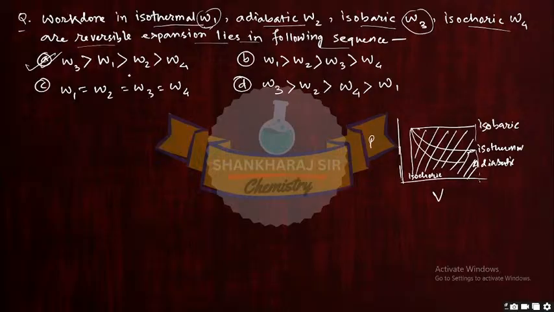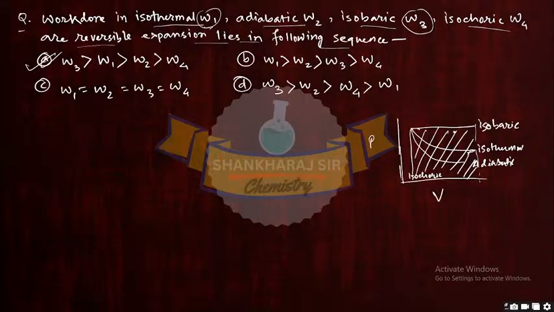Okay, so this is the next question. Here we are solving work done: isothermal W1, adiabatic W2, isobaric W3, isochoric W4, reversible expansion lies in the following sequence. We know there is a graph of isobaric, isothermal, adiabatic, isochoric.